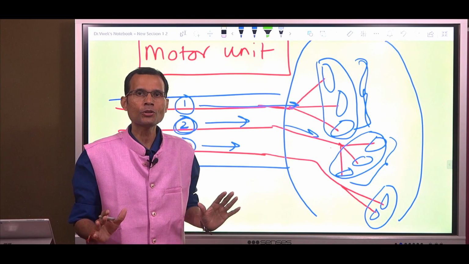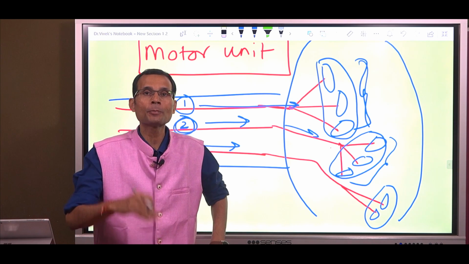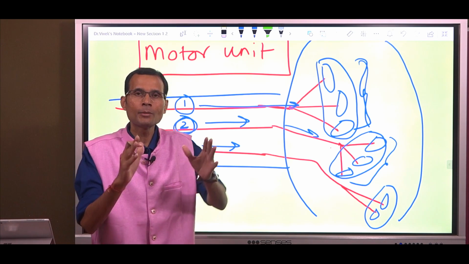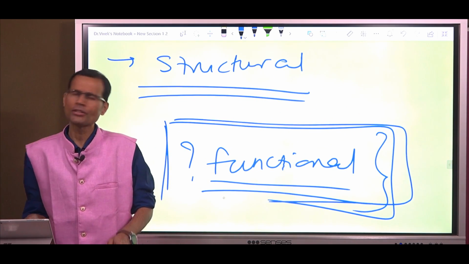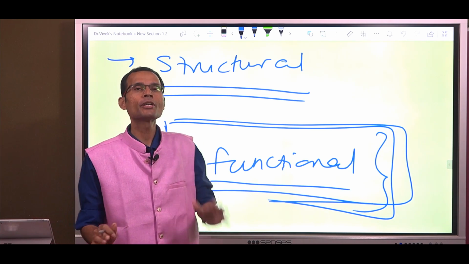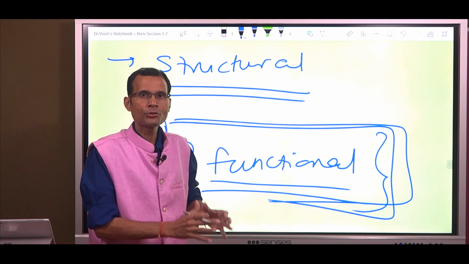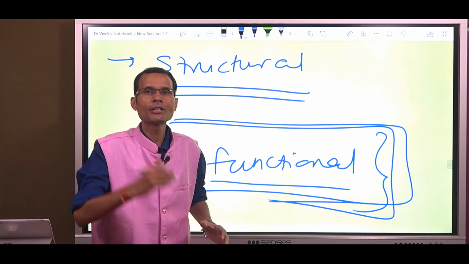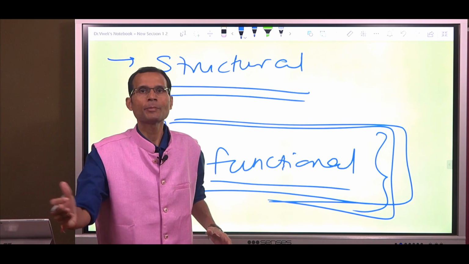The smallest unit where that change is happening and the purpose is being served is the motor unit. And therefore, in my opinion, the structural unit for a muscle is the sarcomere, fine, but the functional unit for a muscle should be the motor unit. The smallest unit where the function is being performed and the purpose is being served.